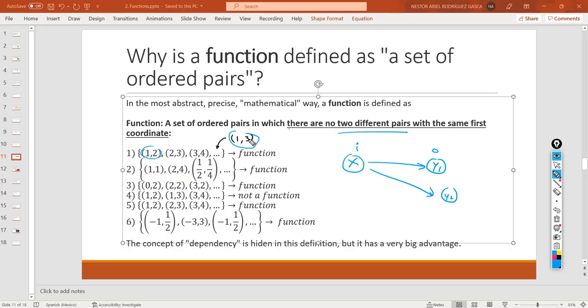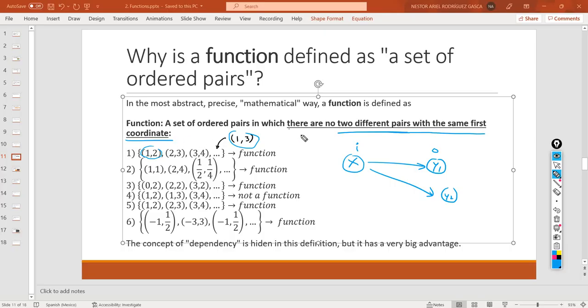That's why, if a set of ordered pairs represents a function, we cannot have two different pairs with the same first coordinate. That's the rule. That's it.